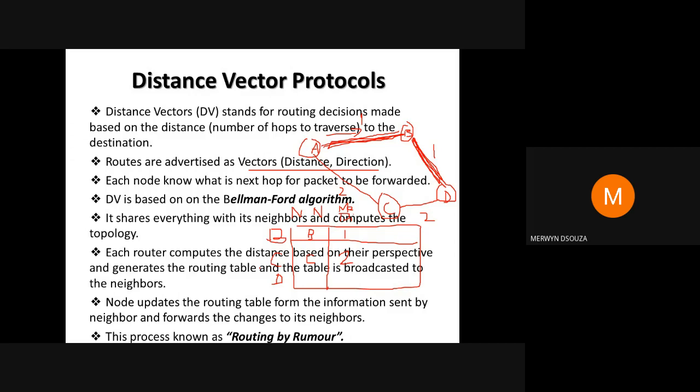This is now A's routing table, not any other node's routing table. Whenever we want to send a packet to D, we have to make an entry in the direction the packet has to be sent.